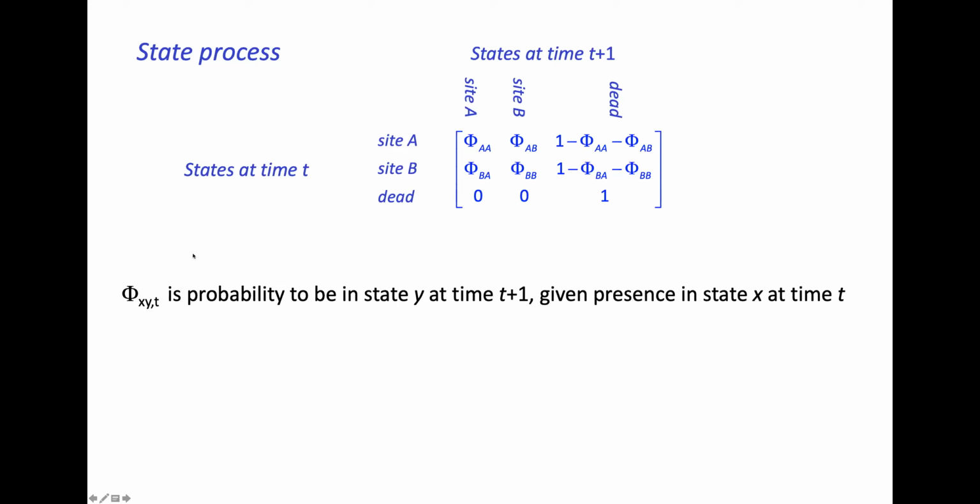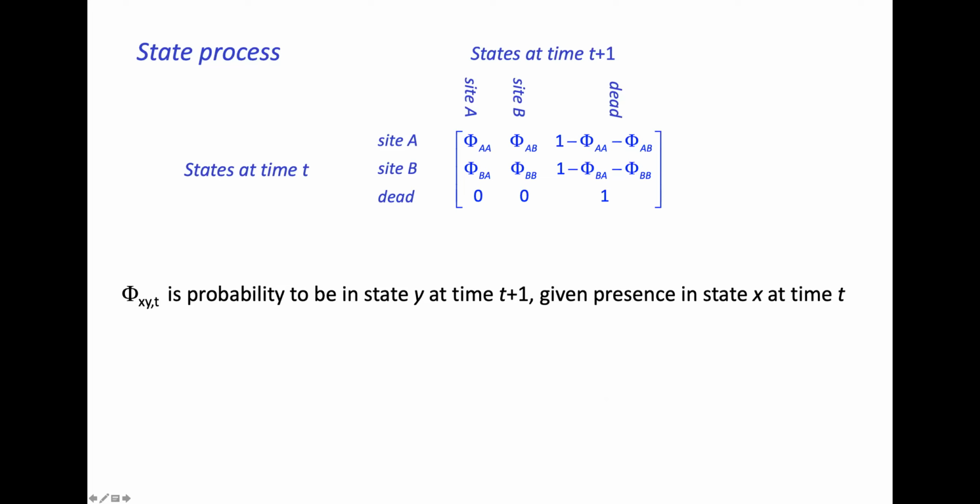So this generalizes the survival, and we put everything in a matrix, where we have in rows, or a table. And if you don't like the term matrix, use tables, that's the same thing. So we have in rows the sites, site A, site B, and the state dead at time t. And in columns, you have the states at time t plus 1.